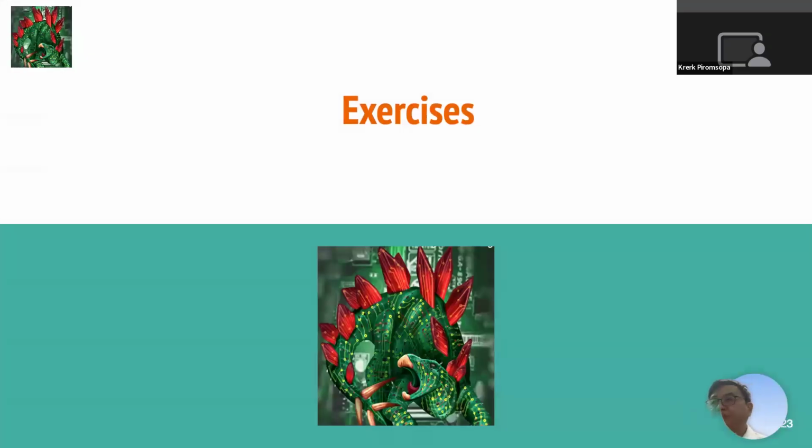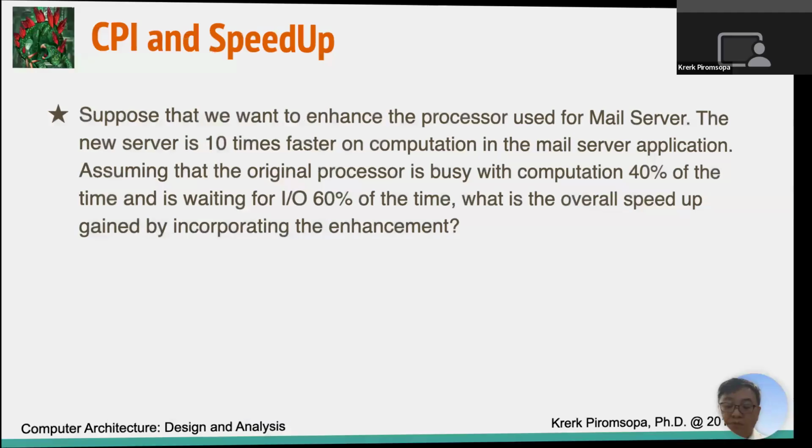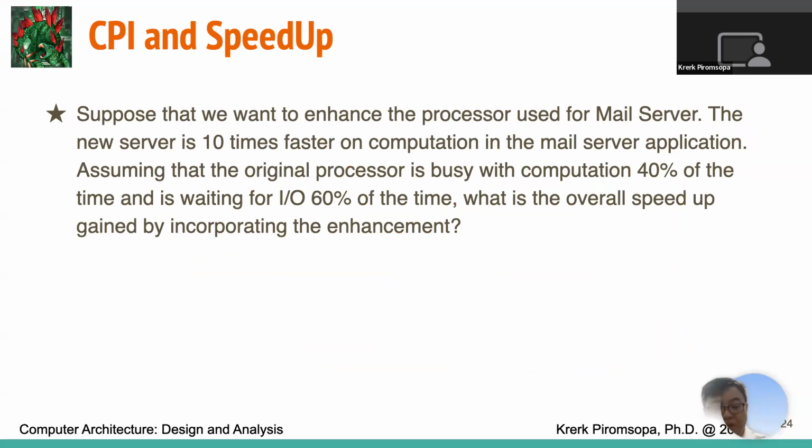All right, let's do some exercise. Okay, I let you think about this a little bit before I guide you. Let's say you want to buy a new mail server.